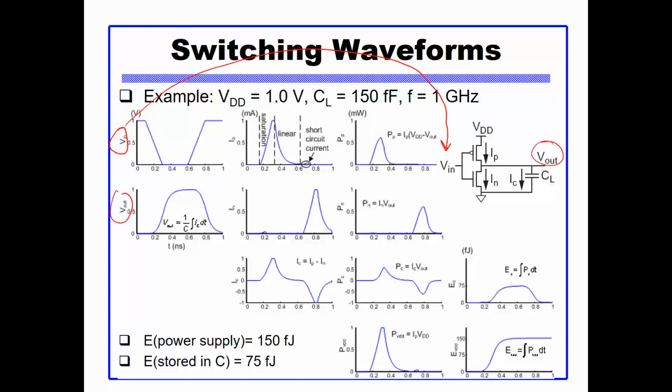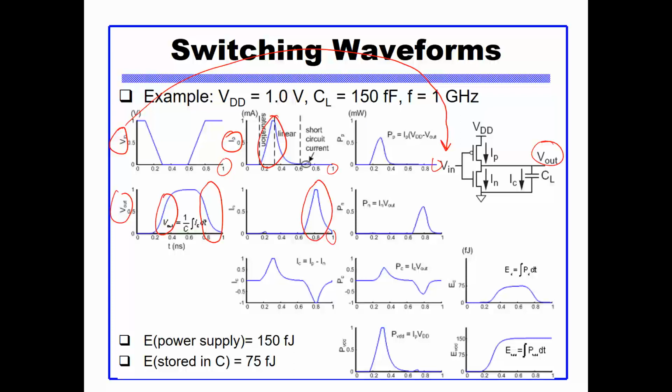Notice how the input goes from high to low to high, and therefore the output goes from low to high to low. Watch the current in the PMOS device. They are fixing the time scale here for all the figures, so we can correlate events. When we are charging the output, we have a current through the PMOS device. When we discharge the output, we have a current through the NMOS device.